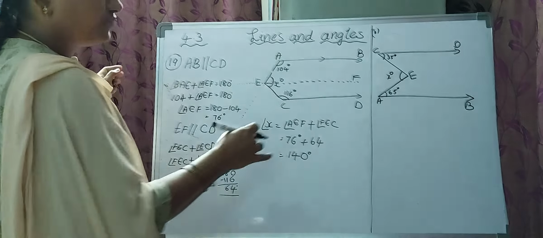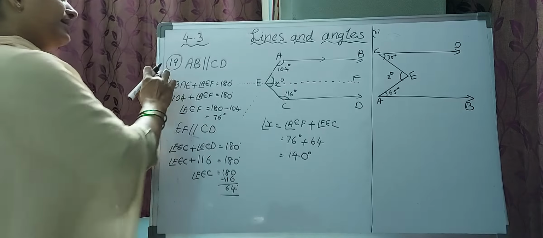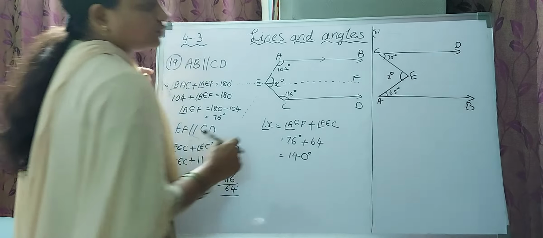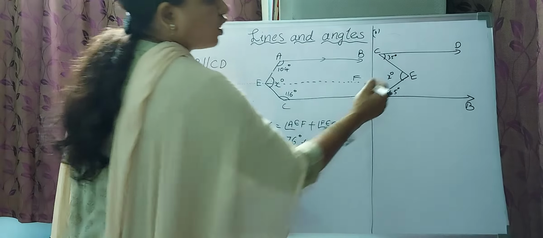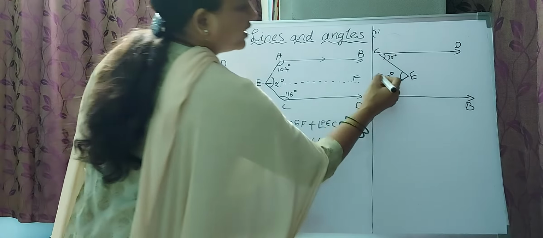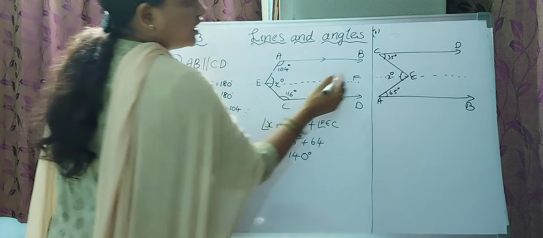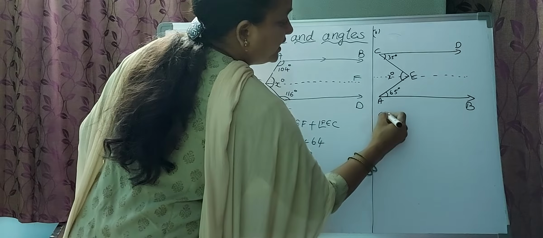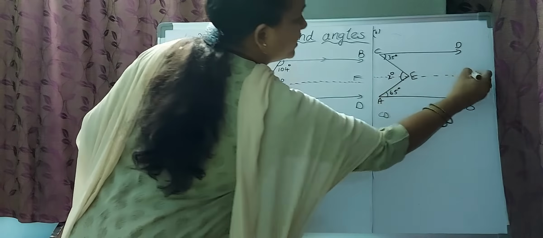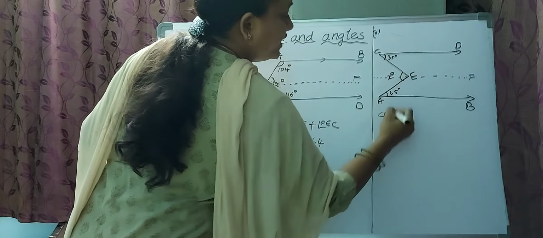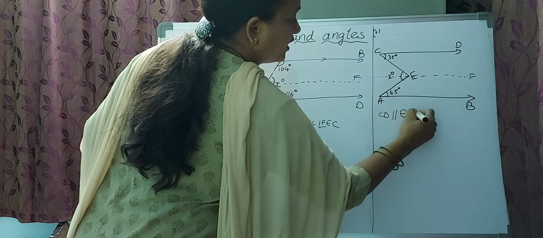Next one, the second one in the 19th problem. See, here also you have to draw one imaginary line. Then you have to find, see here what we explained, angles on the same side of the transversal. CD is parallel to EF.